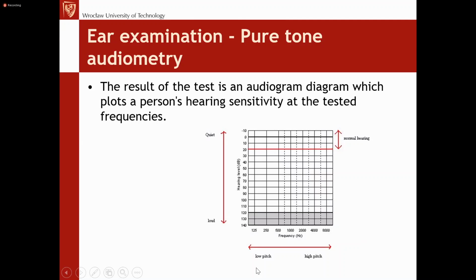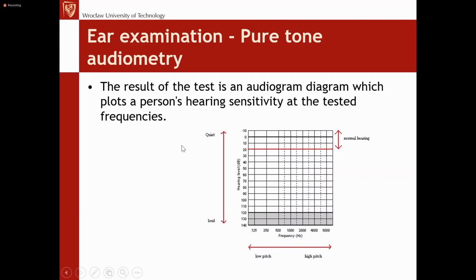As I know, our audiometric device used in the laboratory doesn't allow measuring with this frequency, and your experiments will start from 250 hertz.